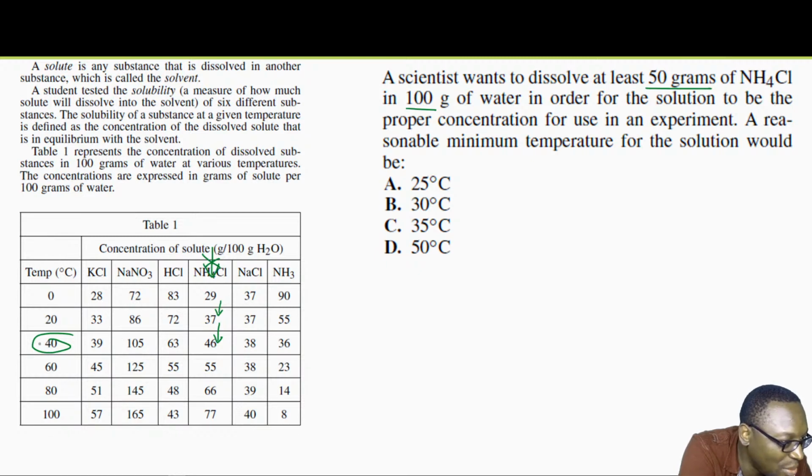So you can't have it anywhere before 40 degrees. It's going to be a temperature above 40 degrees. Then you look in your answer choices and look for the one that is above 40 degrees.